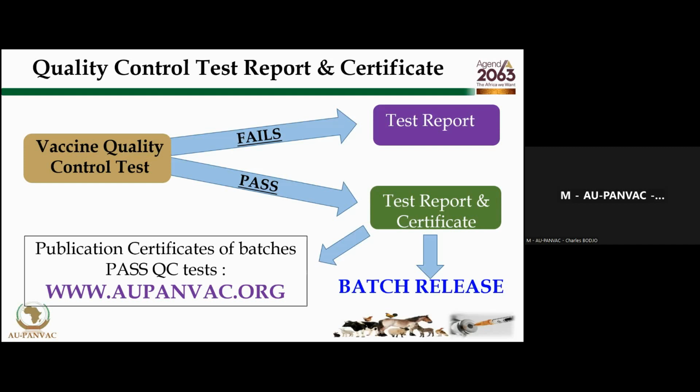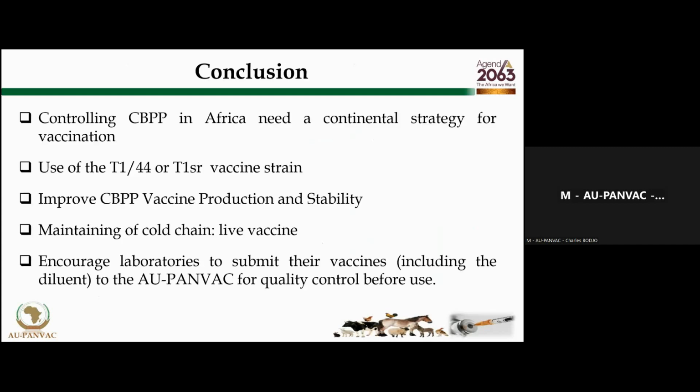CBPP vaccine. So in conclusion, based on all this information, it's possible to control CBPP in Africa with an appropriate continental strategy using the currently available vaccine T144 or T1SR, but this should be under an appropriate cold chain maintained and processed.